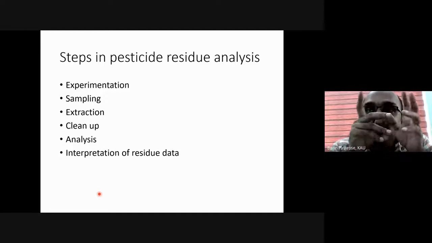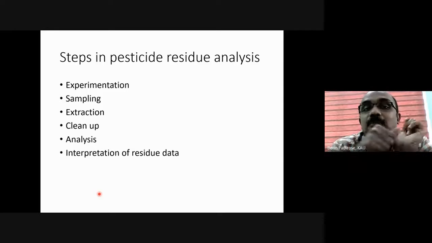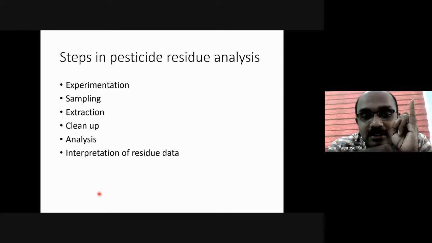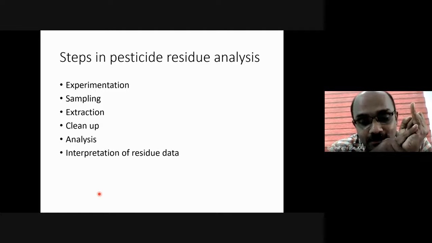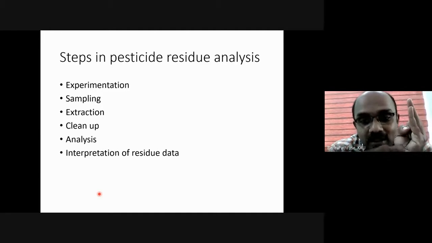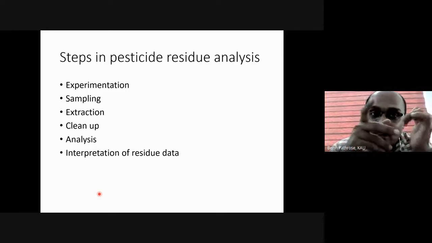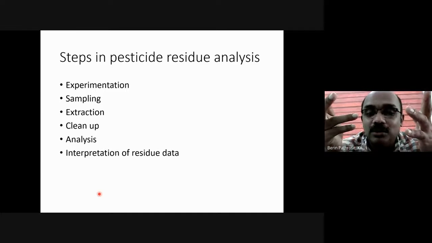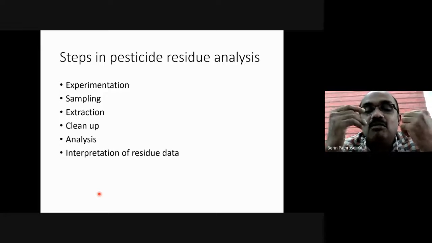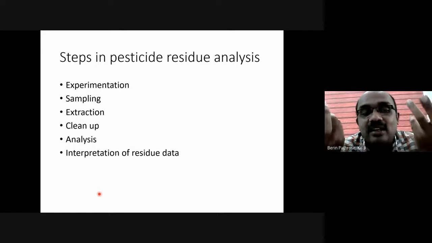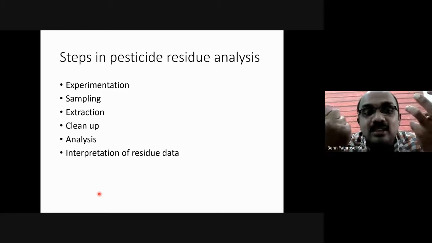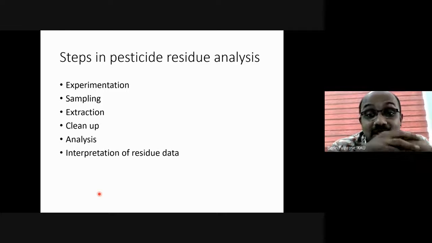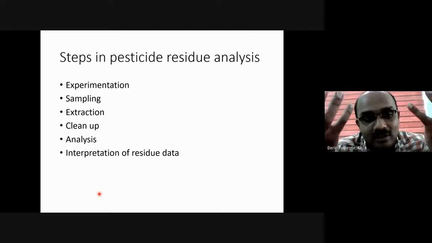And each and every pesticide, remember, had a separate extraction protocol, separate cleanup protocol. If someone developed a multi-residue method, that means a method by which you can extract, clean up, and analyze 4 or 5 pesticides at a single go, that was considered an extremely good method.